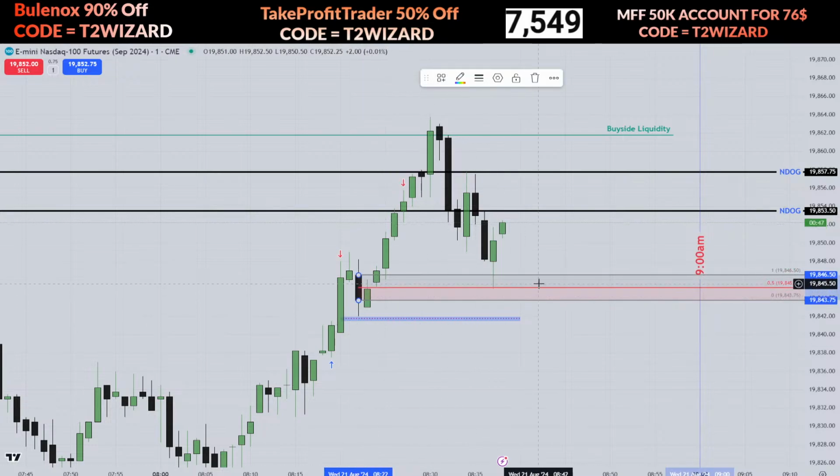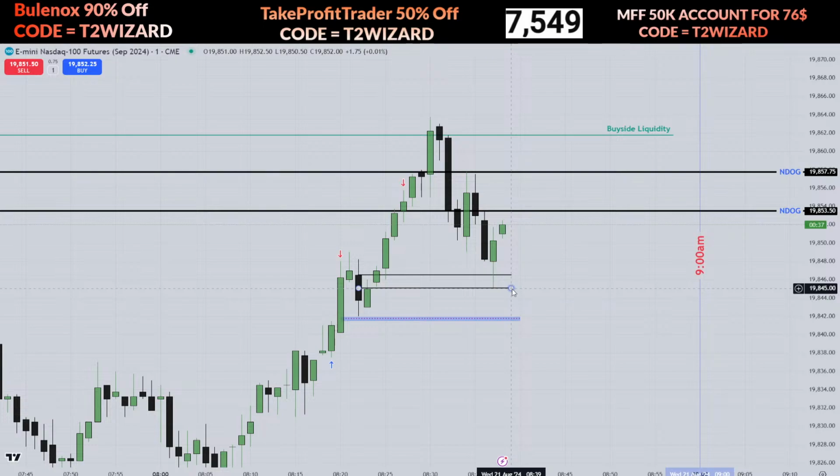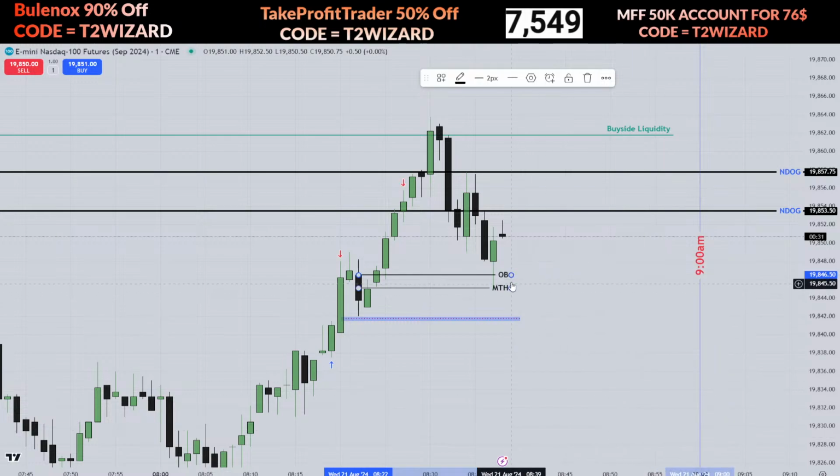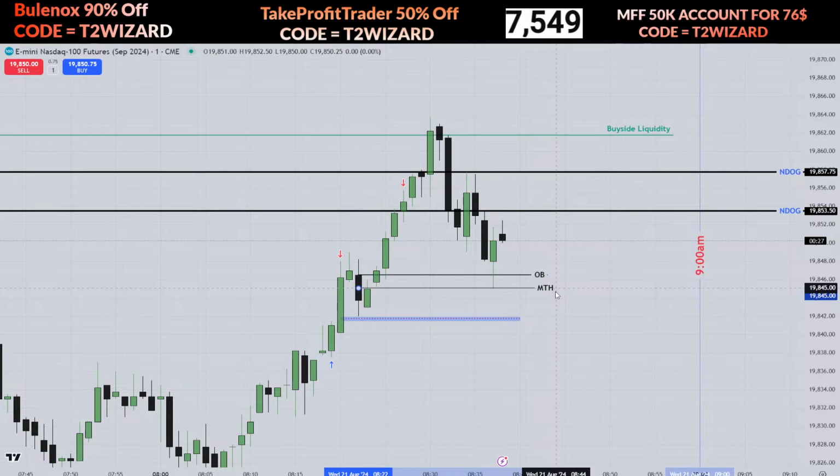This is the mean threshold of the order block. Let me mark it. Mean threshold, order block. Every piece of information I'm using here is from ICT's 2024 mentorship. Keep that in your mind.